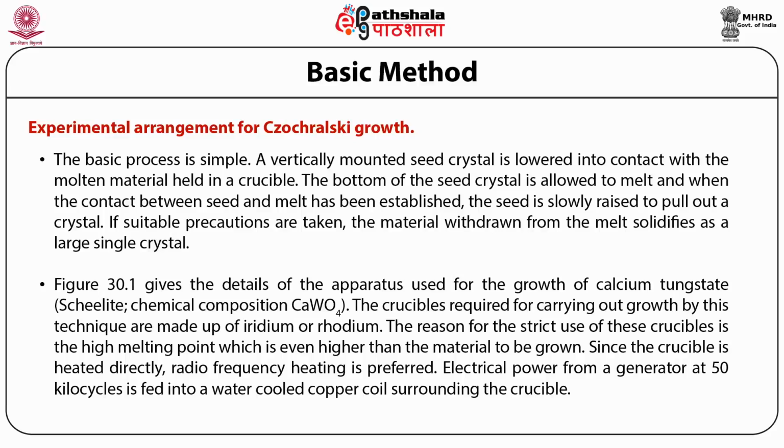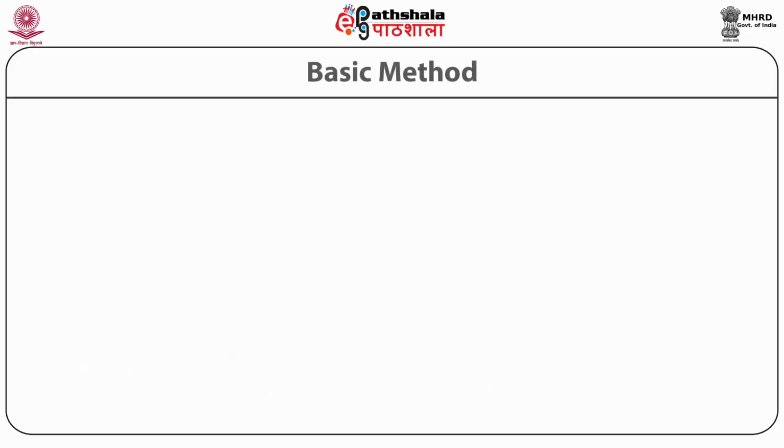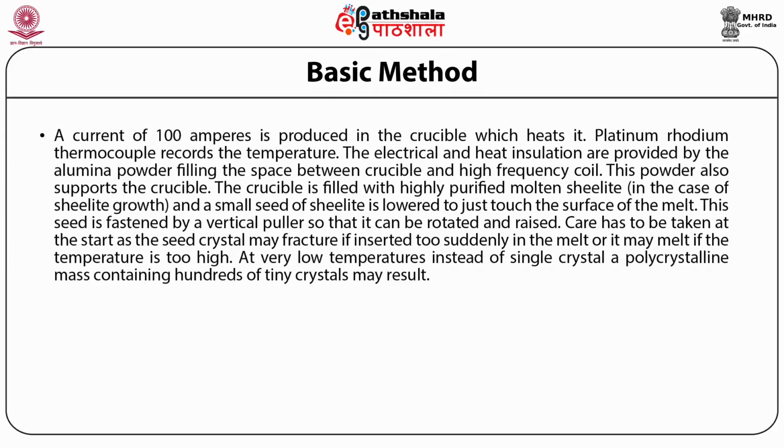Since the crucible is heated directly, radio frequency heating is preferred. Electrical power from a generator at 50 kilocycles is fed into a water-cooled copper coil surrounding the crucible. A current of 100 amperes is produced in the crucible, which heats it.